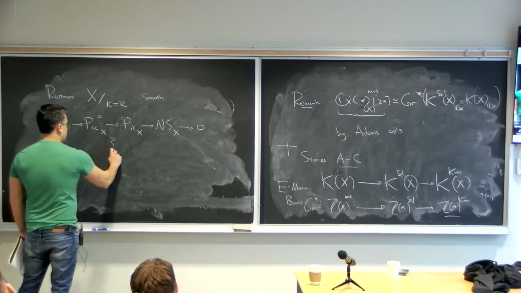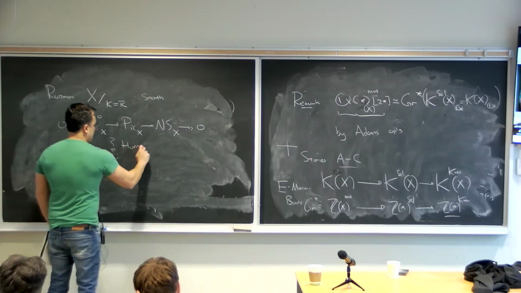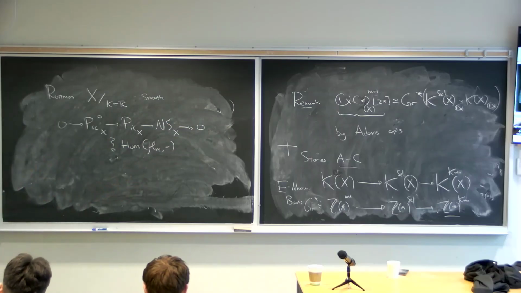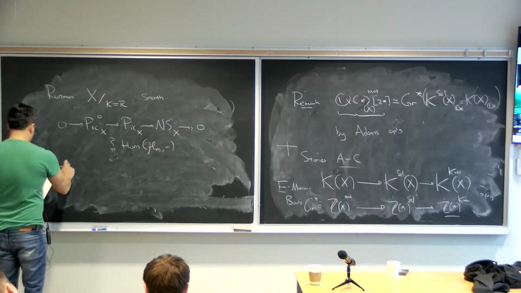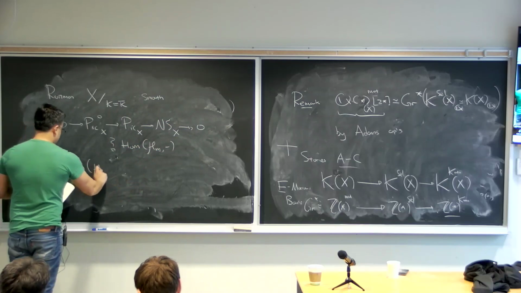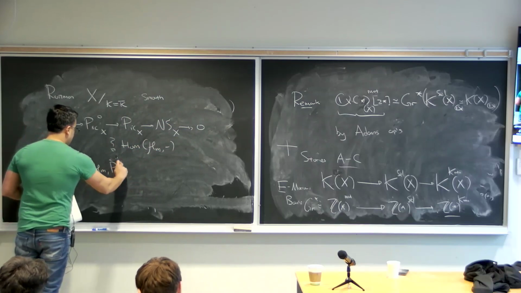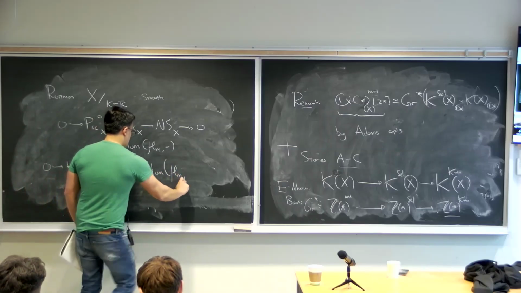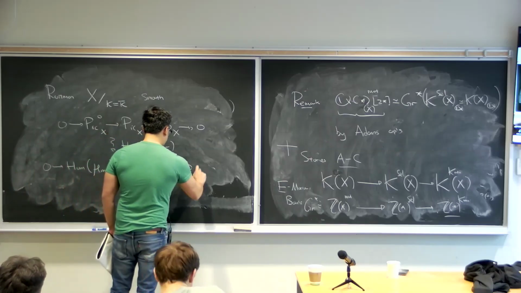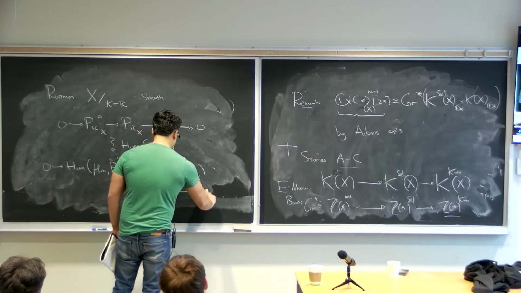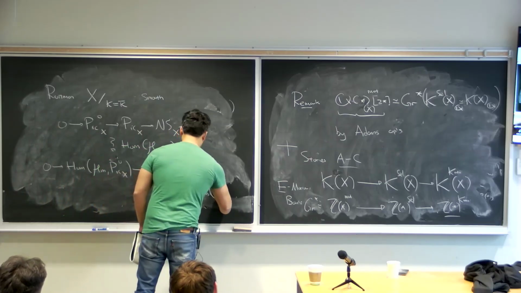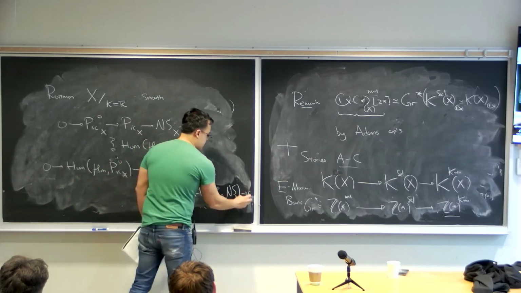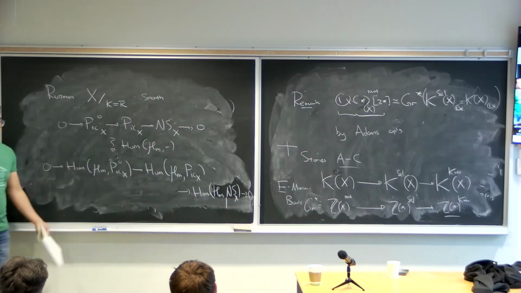So I'm going to take Hom of mu m in the category of abelian sheaves over X. So all abelian sheaves. I'm going to get 0 to Hom mu m Pic naught X to Hom mu m Pic of X mapping to Hom mu m of the Néron-Severi of X. Now this first one is actually 0, because Ext^1 into an abelian variety is 0.